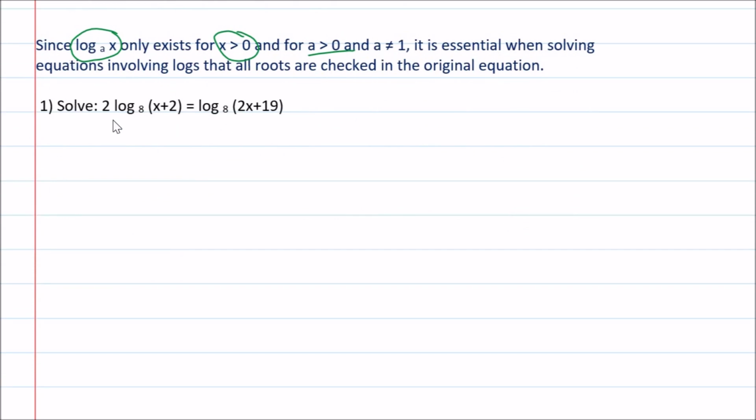It says: solve 2 log (x plus 2) base 8 equals log (2x plus 19) base 8.